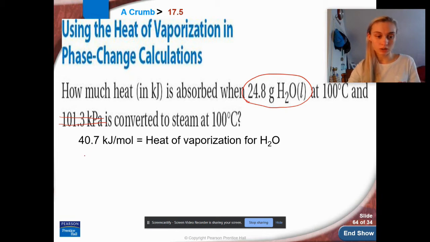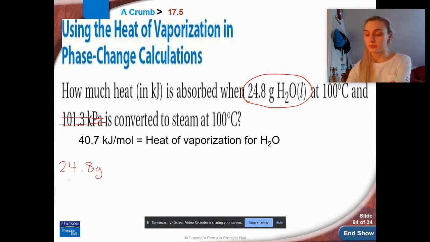We're going to start with 24.8 grams and set up a conversion, one of those fraction lines, and I'm going to put it over 1. Then we need to get this 24.8 value into a term where we can use this conversion factor right here, the heat of vaporization, to calculate how much heat is absorbed.